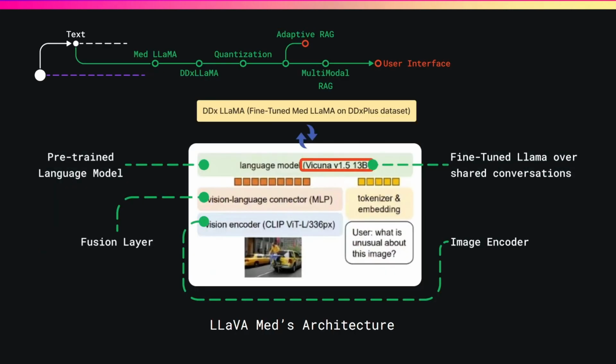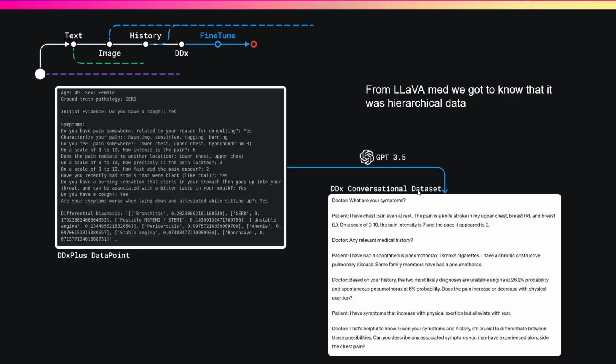So then we again revisited the architecture of LLaVA-Med. As I told you earlier, this LLaVA-Med has three components: a fusion layer, a vision encoder layer, and the pre-trained language model. Our data was more or less text only.